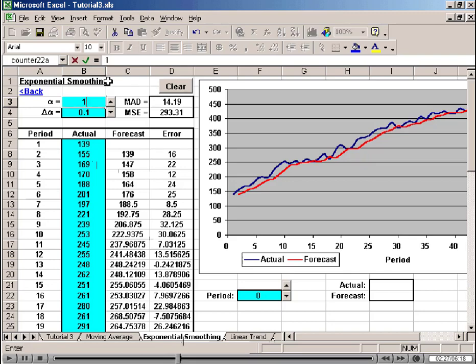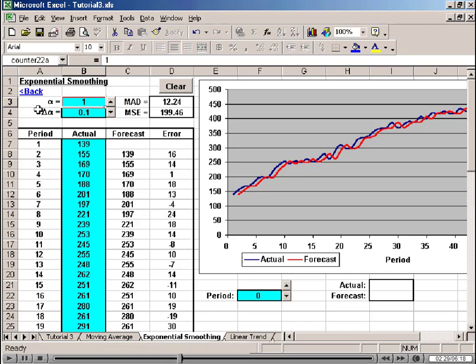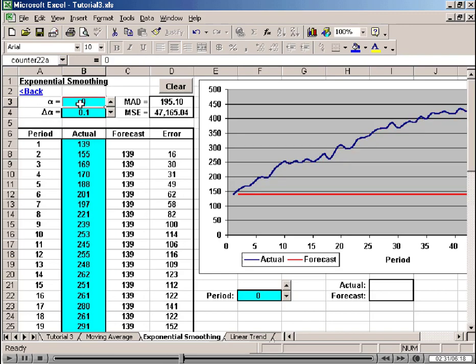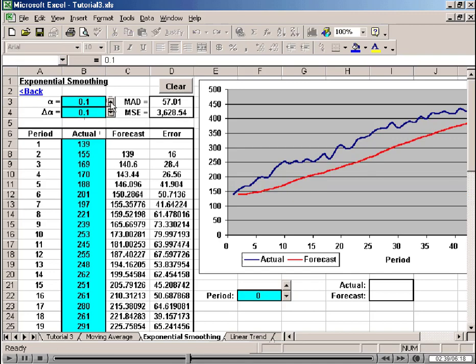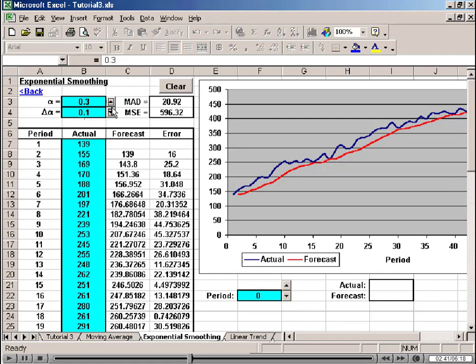An alpha of 1 results in the naive forecast, and an alpha of 0 results in complete smoothing, that is, the forecast never changes. As alpha is increased from 0 to 1, decreasing the amount of smoothing, we will attempt to minimize the mean absolute deviation.